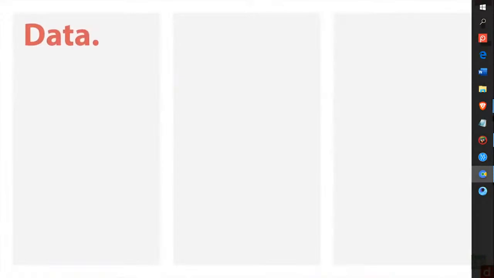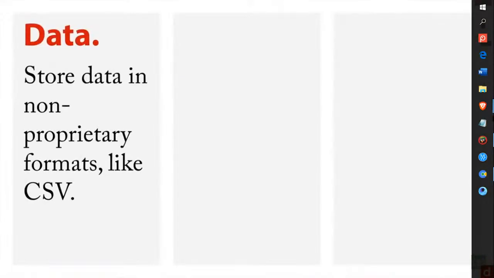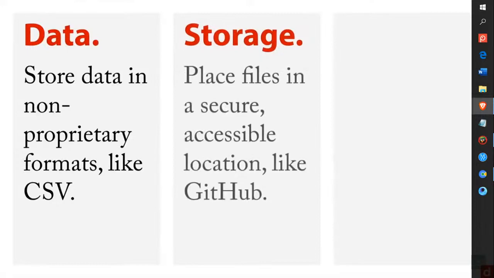You want to do a few things here. Number one, the data: you want to store the data in non-proprietary formats like a CSV, or comma-separated values, file, because anything can read CSV files. If you stored it in the proprietary SPSS .sav format, you might be in a lot of trouble when somebody tries to use it later and can't open it. Also, there's storage: you want to place all of your files in a secure, accessible location, like GitHub.